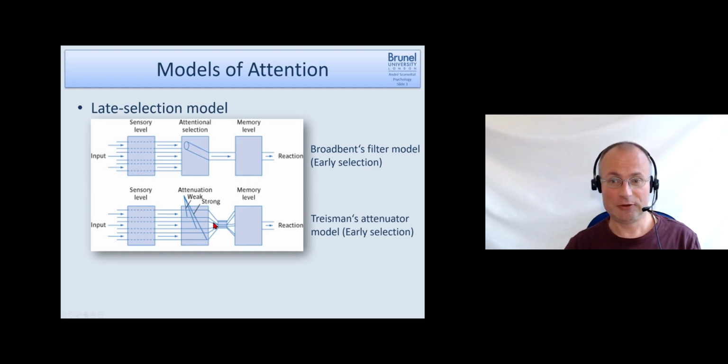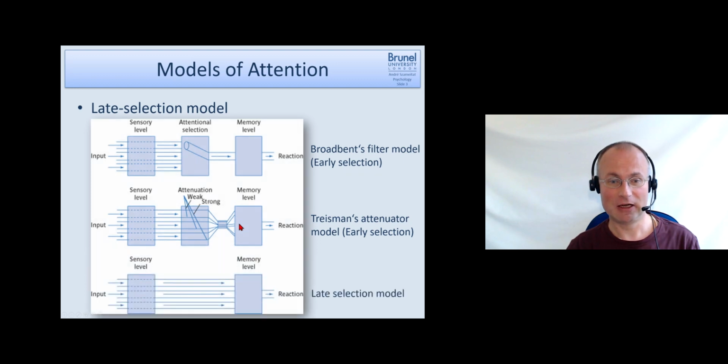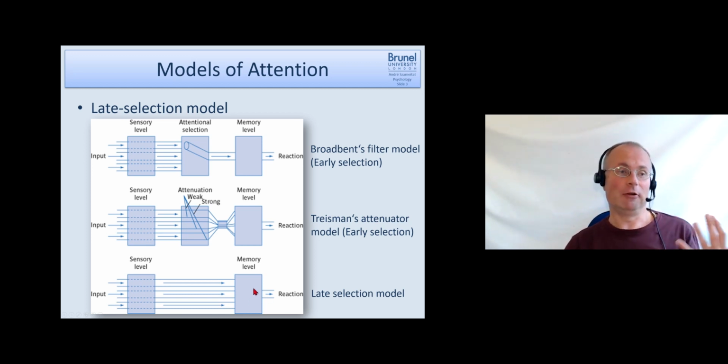Then Treisman's attenuator model, still an early selection model, would say, okay, it's not filtered out in an all-or-nothing fashion, but instead it's attenuated, so we tone down and suppress the unattended inputs, and then this is forwarded to the memory level, while the late selection models propose, well, everything which comes in from the sensory level is passed on to the memory level, to the level of processing for meaning.